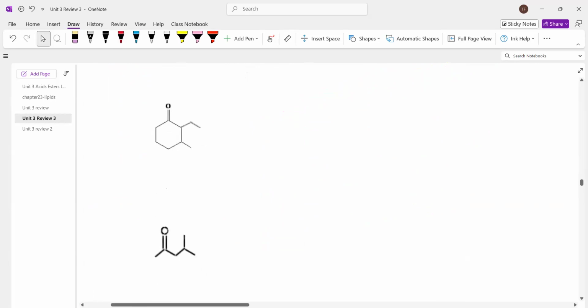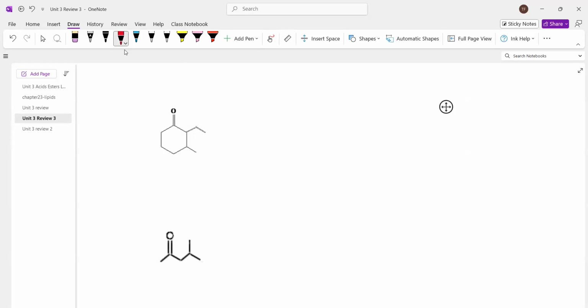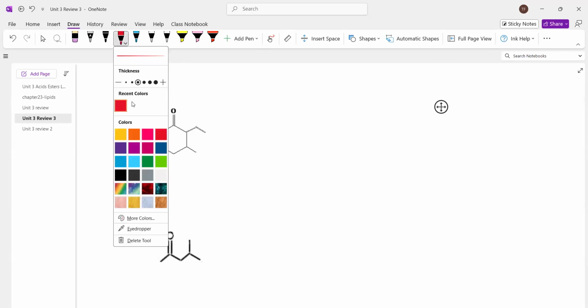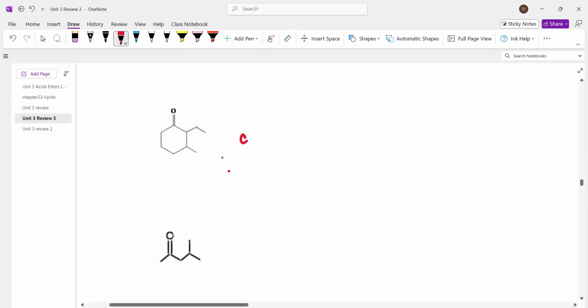We have a little review, name this. Okay, so we have a cyclohexanone. And that is always carbon number 1. We've got 2 branches. We have a methyl and an ethyl.